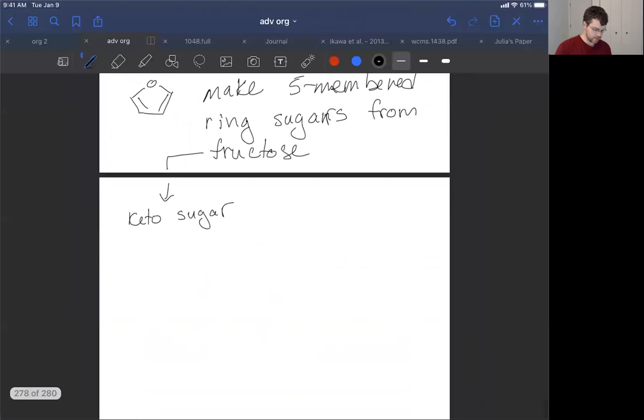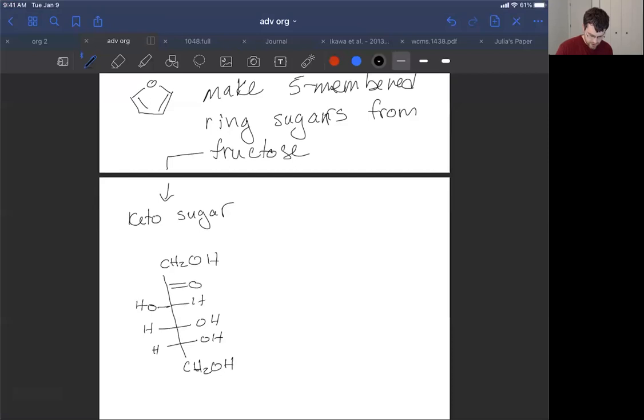So the keto sugar, if we consider its open chain form, is going to have a CH2OH at the top and a CH2OH at the bottom. Fructose is ultimately derived from glucose. So we're going to have the same pattern of stereocenters, except at the second carbon we're going to have a ketone and then nothing on the right, because that would violate the octet, which I just about did.